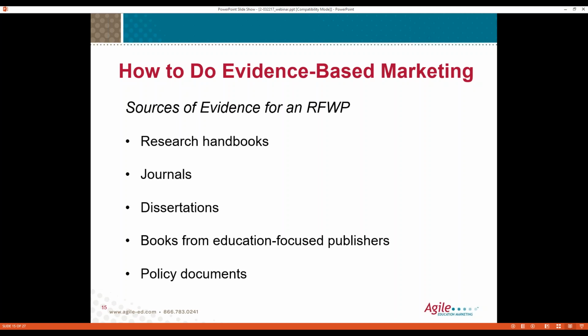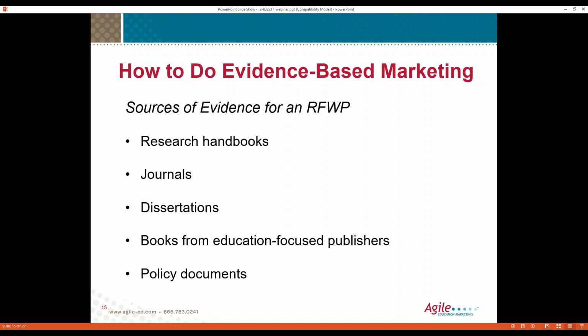The next is books from education-focused publishers. A lot of people don't even know about these, but publishers like Lawrence Erlbaum, Jossey-Bass, Sage, and other university press publishers put out books that provide research documents, summaries of research, that kind of thing.